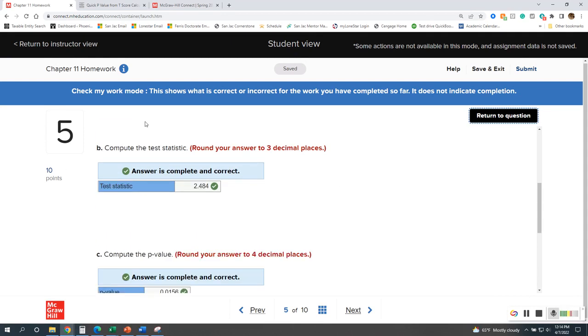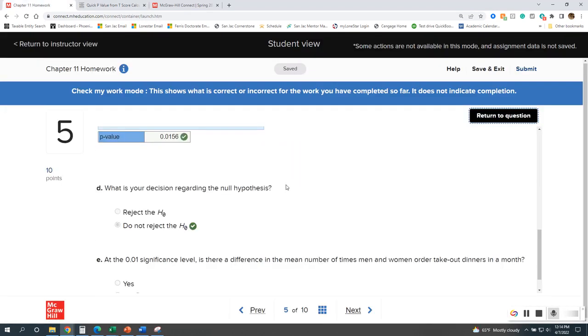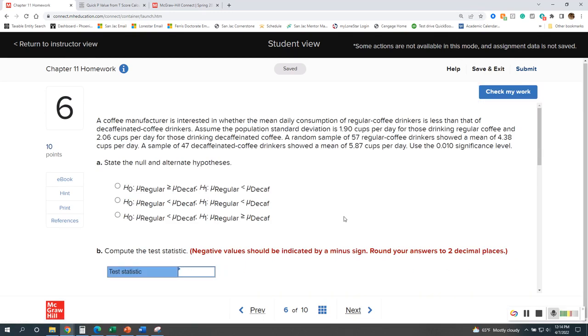Once you figure out your test statistic, we can find a quick p-value calculator and let it calculate itself. In fact, that's even suggested by Connect itself. Question 6.